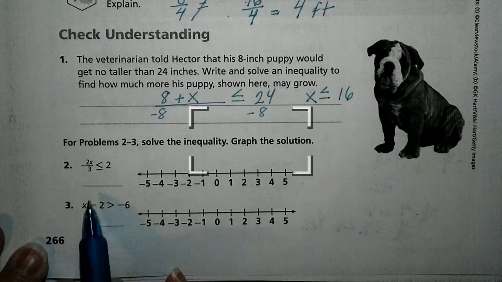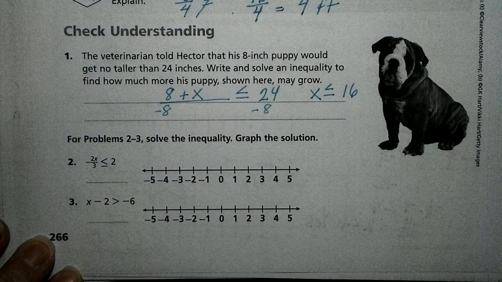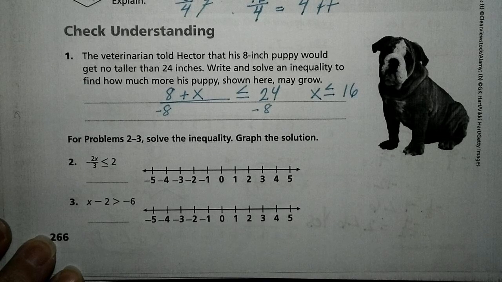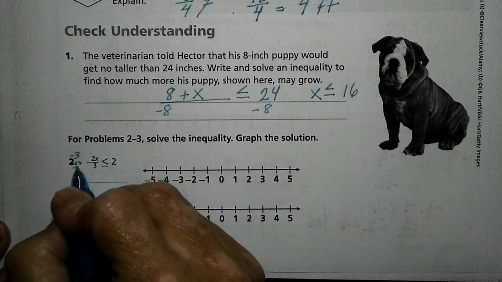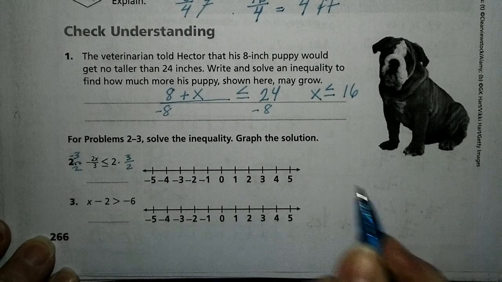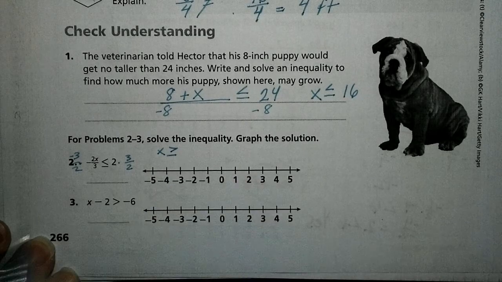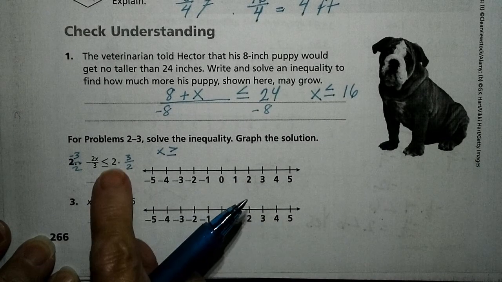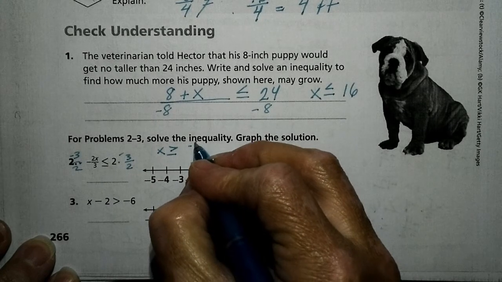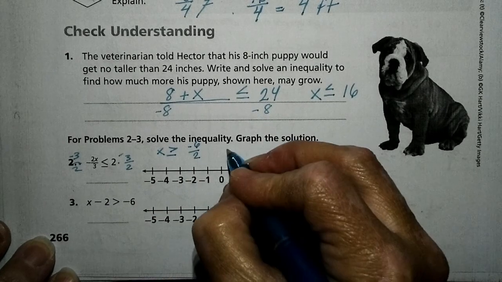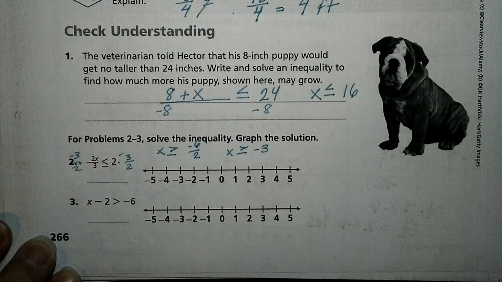All right, the next one, number 2, it is a fraction and it is negative. So we're going to multiply by the reciprocal, negative 3 over 2, negative 3 over 2. So then x is greater than or equal to negative 6 over 2. So x is greater than or equal to negative 3.